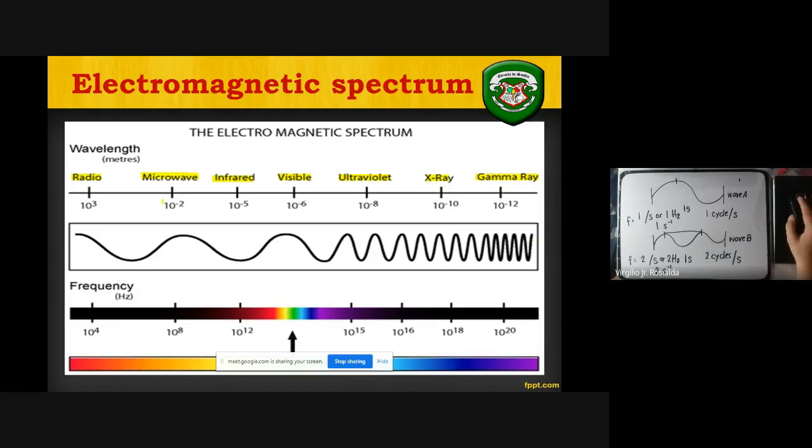So the wavelength is decreasing in terms of its distance, in terms of its length, while the frequency is inversely proportional, which is nag-increase naman siya from radio to gamma. So ang may pinakamalaking frequency is gamma. The highest frequency is gamma, while the lowest frequency naman na meron tayo from electromagnetic spectrum ay si radio. So ganun lang yung arrangement niya.